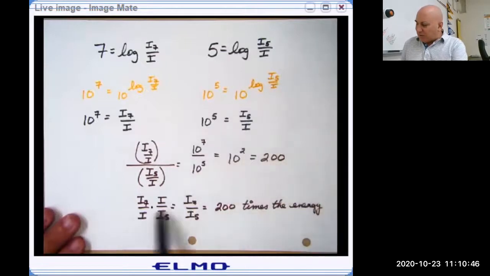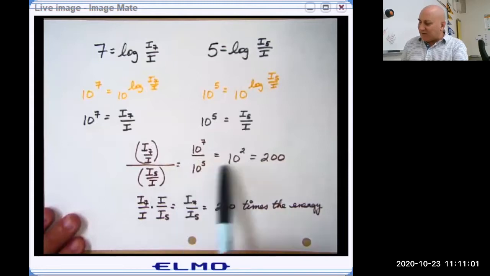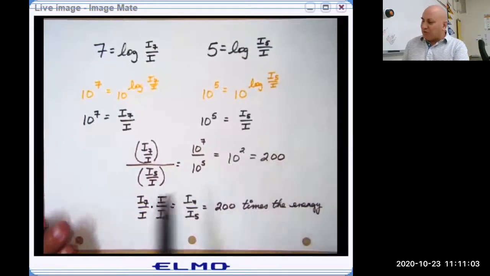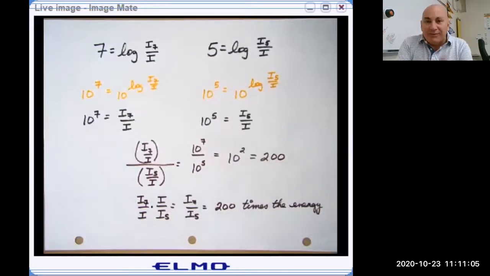So if I want to do I7 divided by I5, I can do this divided by this. You can see that the I sub 0's cancel, and I do get I7 over I5. So this divided by this, 10 to the 7th divided by 10 to the 5th, 100. So if I've done the correct logarithm, a magnitude 7 earthquake has 100 times the energy of a magnitude 5 earthquake.